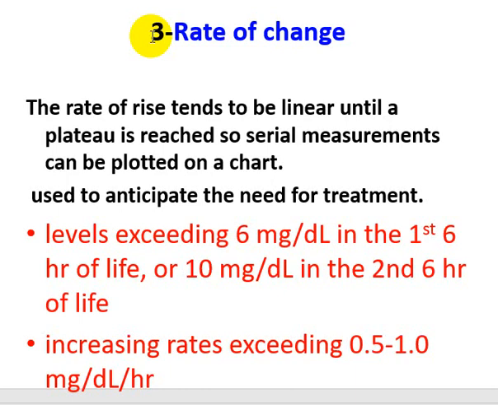But when this usual pattern is changed and the rate becomes more, roughly when the level exceeds 6 mg per deciliter in the first 6 hours and 10 mg in the first 12 hours, it is highly increased, and the rate should not be more than 0.5 to 1 mg per deciliter per hour. So we can assess the age and the level, then the rate of increase of this bilirubin.